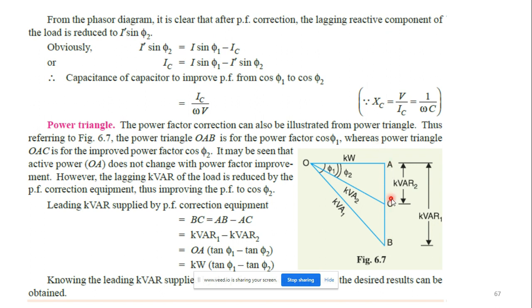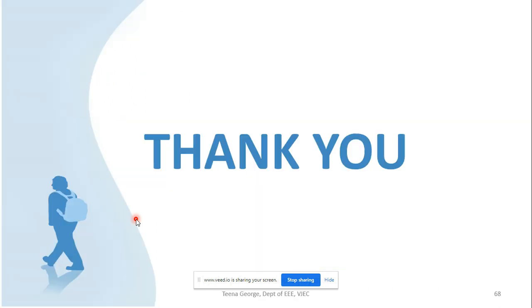OA is kilowatt. OA tan phi 1 is AB, and OA tan phi 2 is AC. So kilowatt into tan phi 1 minus tan phi 2 directly gives us the kVAR rating of the power factor correction equipment.